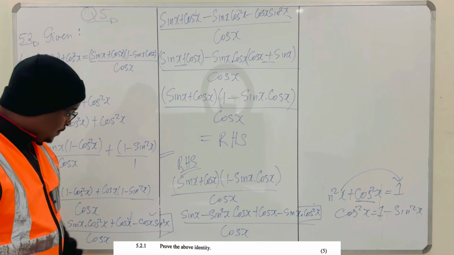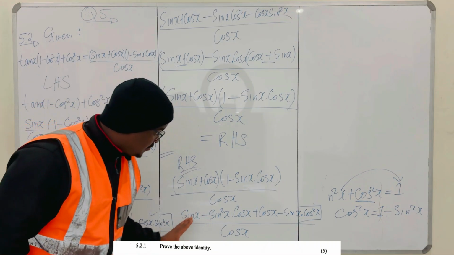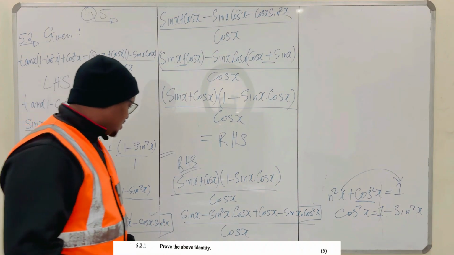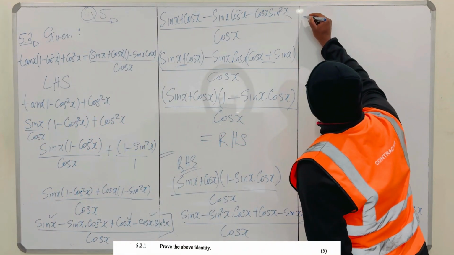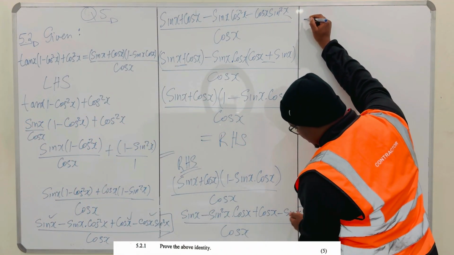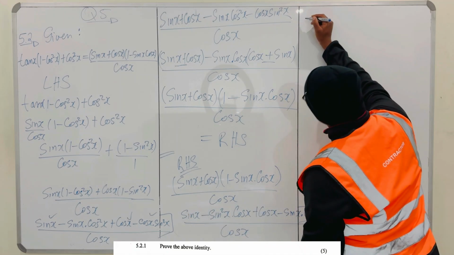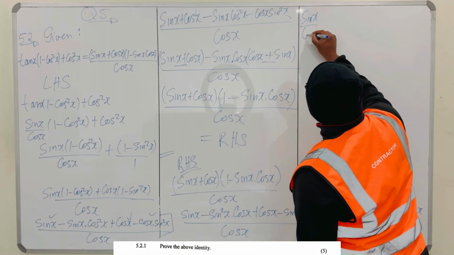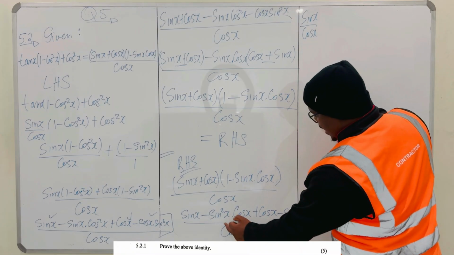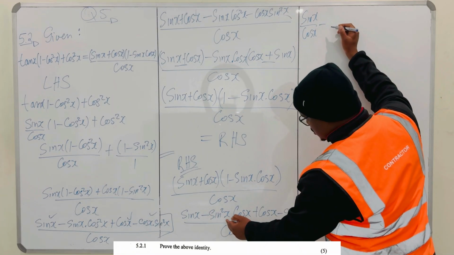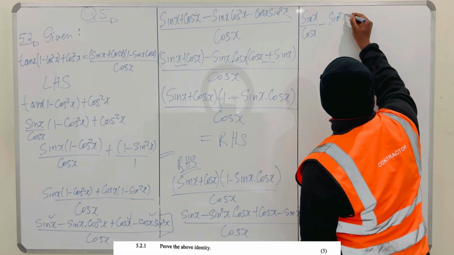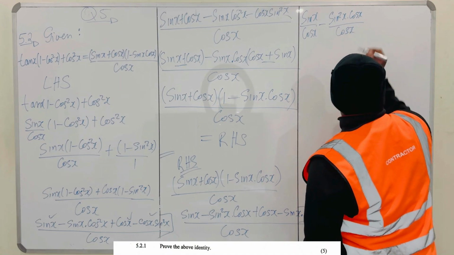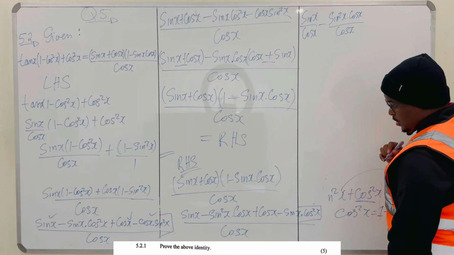So look, now cos x divides all of those things on top there, right? Which means we have cos x dividing all of those things that are on the numerator up here. So which means we have sine x over cos x. We have this minus sine squared x times cos x all over cos x here, right?